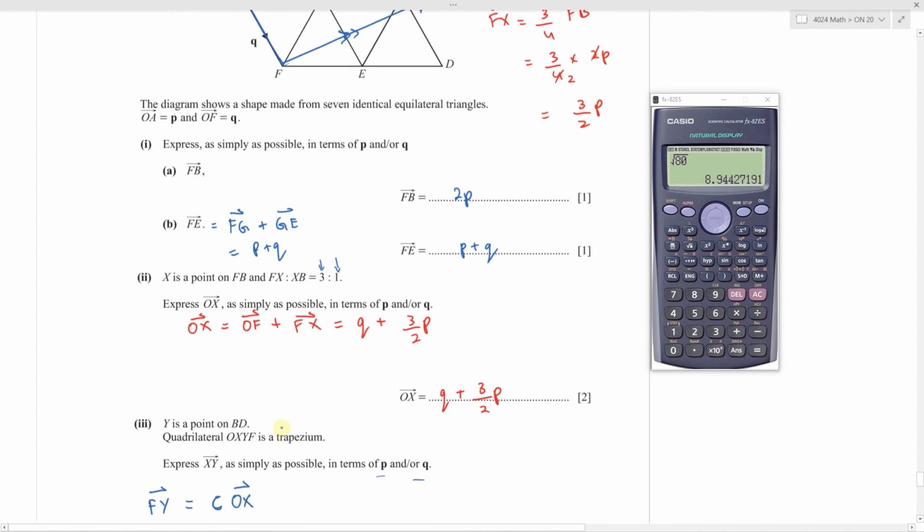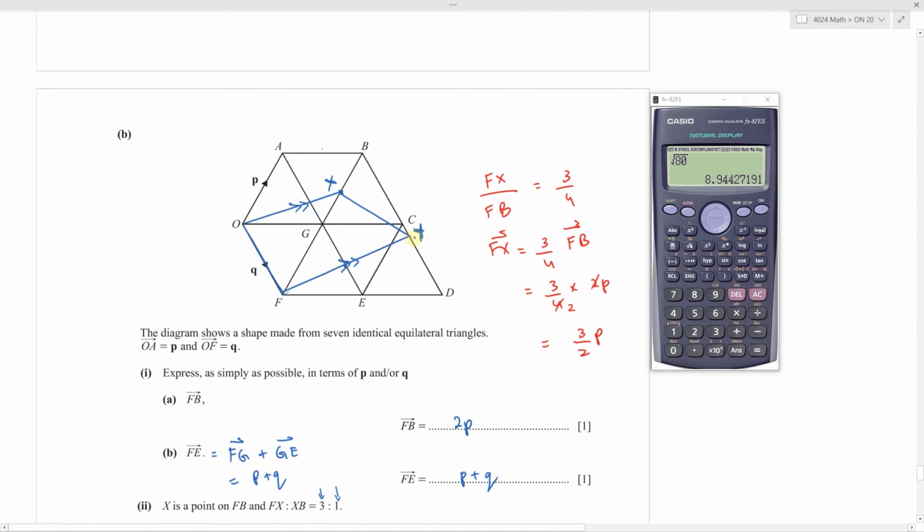And I can also write this FY as FB plus BY. So FB is how much?